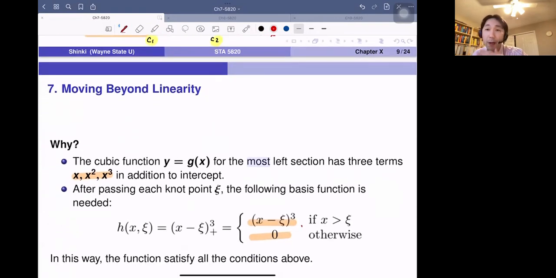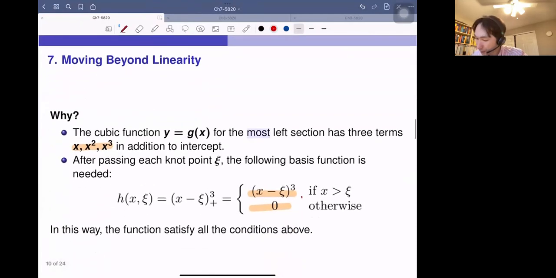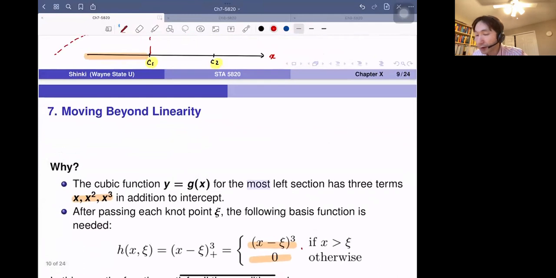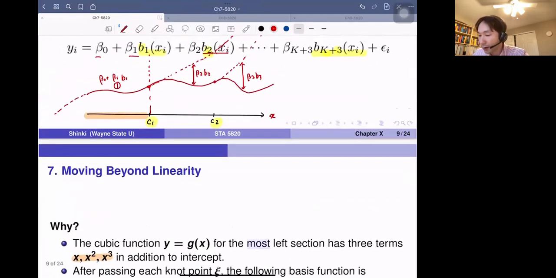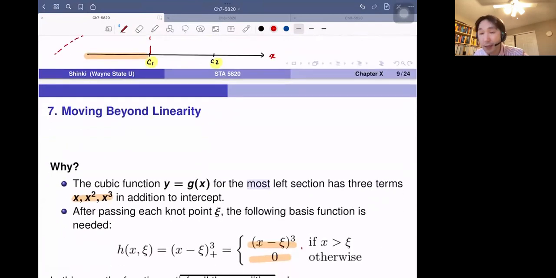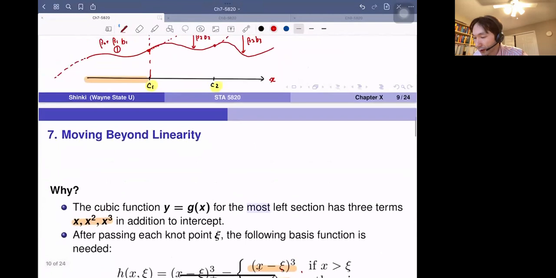In this way, the curve is continuous, and the first and second derivatives exist. So it's very smooth. And we need this curve at each knot point. If we have 2 knot points, then we have another one, x minus C2 cubed. And if we have K knot points, then x minus C sub K cubed. In this way, we can fit the cubic spline regression.